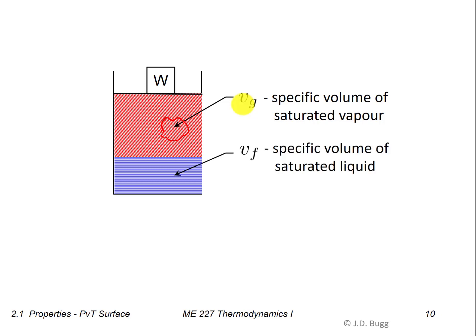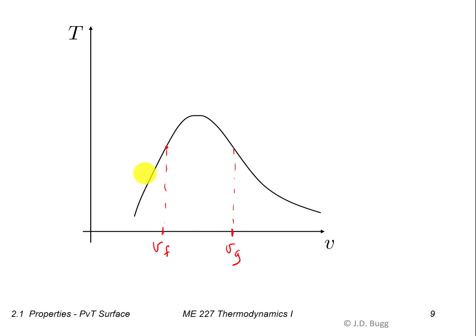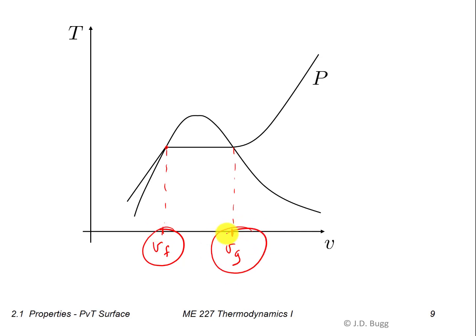Likewise, if we were to go into the bottom of this piston cylinder device and grab a chunk of this liquid and measure its specific volume, we would find it would be equal to v_f, the specific volume of the saturated liquid. Whenever we have a mixture, the liquid in that mixture has this value of specific volume, and the vapor in that mixture has this value of specific volume, regardless of where we are between these two points. So for all of these mixture states, the liquid would have the same specific volume and the vapor would have the same specific volume.